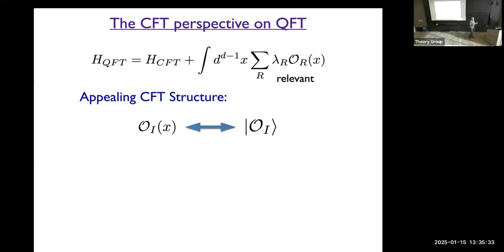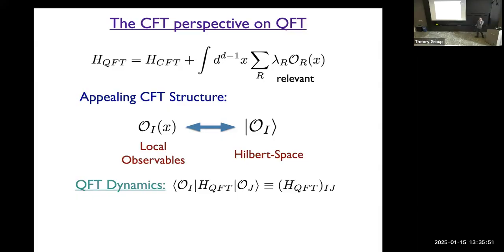So by embedding it into a CFT, you've already mapped out the territory in a certain sense. We have an inner product on these states and so on, but we've also mapped out the observables. You have access to local observables together with the Hilbert space. I find that personally appealing, but as I'll try to show you, it's also practical.